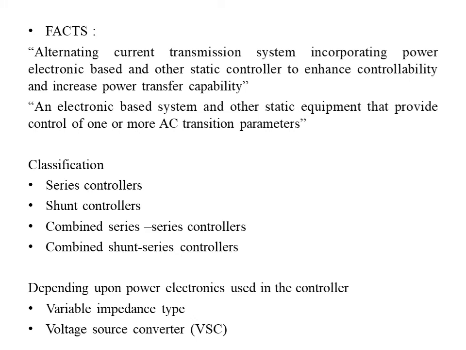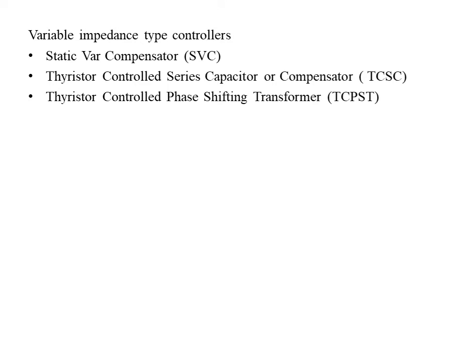We are familiar with the second type, voltage source converters, which we covered in UG, and these are static synchronous compensators, STATCOM, DSTATCOM, UPFC, IPFC, etc. Variable impedance type controllers are static VAR compensators, thyristor controlled series capacitor or compensator TCSC, and thyristor controlled phase shifting transformer TCPST.